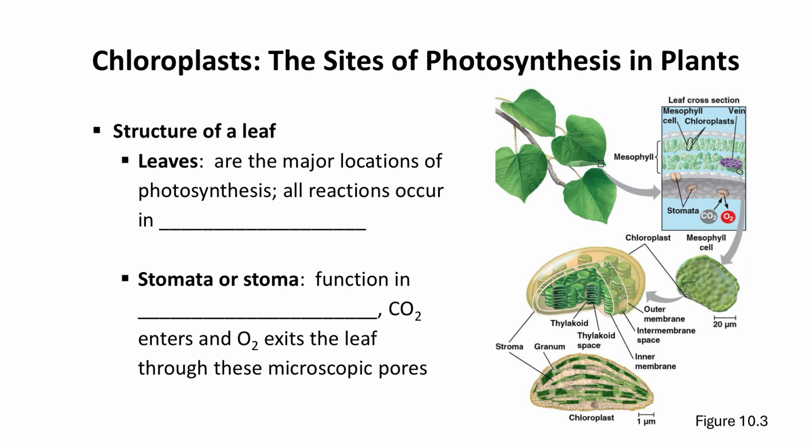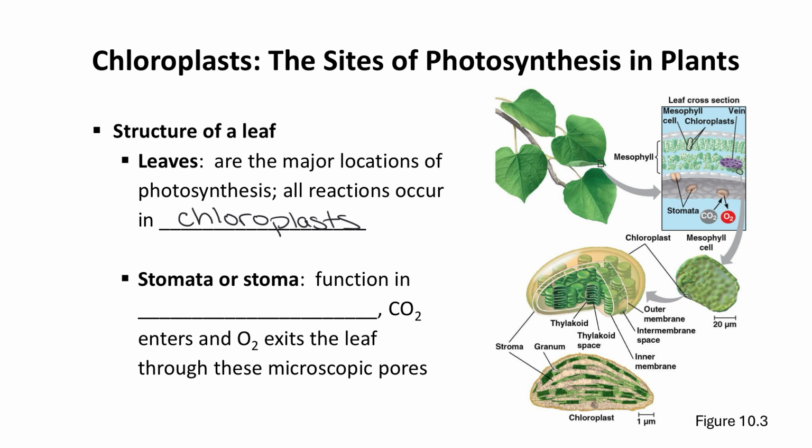Within the mesophyll, we find these membrane-bound organelles that are called chloroplasts. So all reactions for photosynthesis are going to occur in this specific organelle that we find within the tissue in the leaf called a chloroplast.